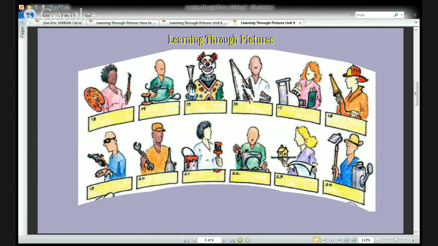She's holding a brush in her left hand. What's she holding in her right hand? Give me your best guess. A template? No. Template. Good guess. It makes sense. It's a good guess.